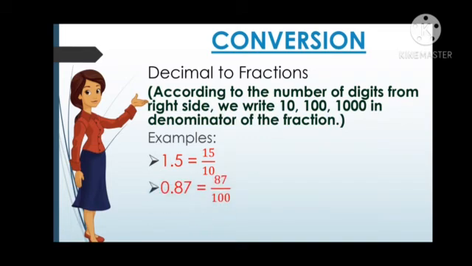Similarly, 0.87 is equal to 87 by 100 and 567.807 is equal to 567807 by 1000. Remember, in numerator we write the given number without point.